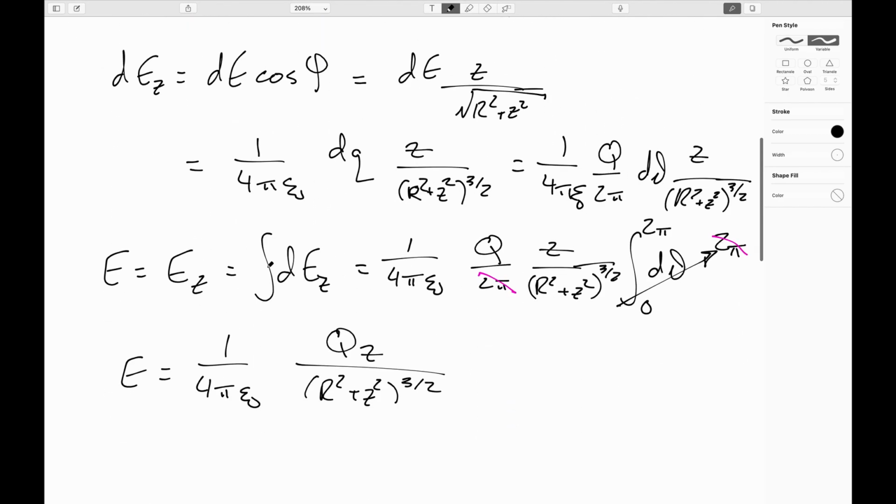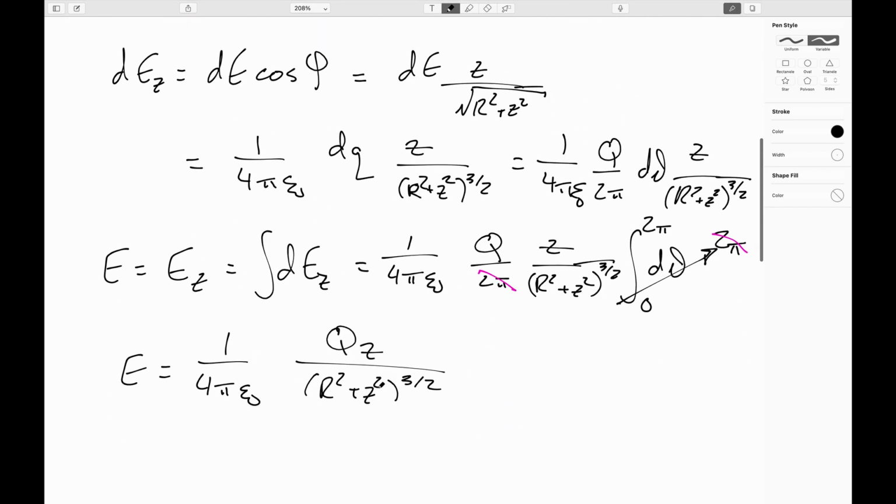If r is small compared to z, r squared is really small compared to z squared, so we can make that go away. You have z squared to the 3/2, which is z cubed, and z over z cubed is 1 over z squared. So the limiting case checks. When we are far away from the ring of charge, we recover the point charge.